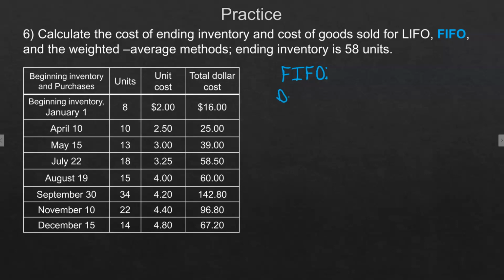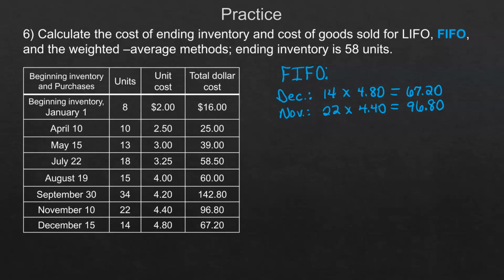So for December, we'll have 14 units times 4.80, and that's 67.20. And then November, just kind of keep an eye on how many units you have as you go. The 22 times 4.40, so that's 96.80. So 22, we're up to 36 units and we need 58.